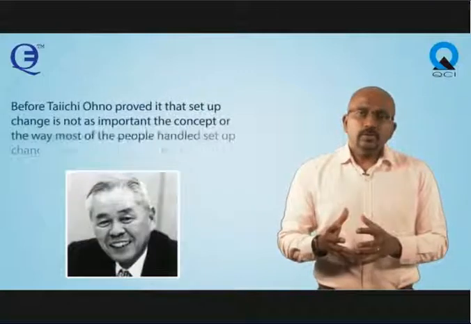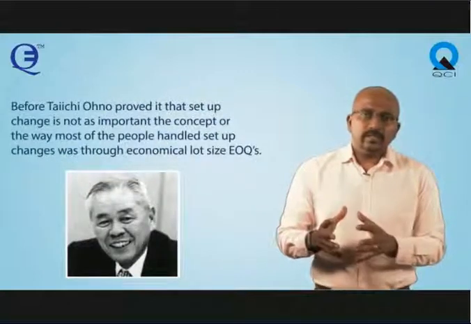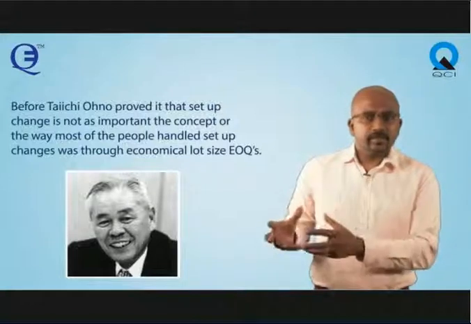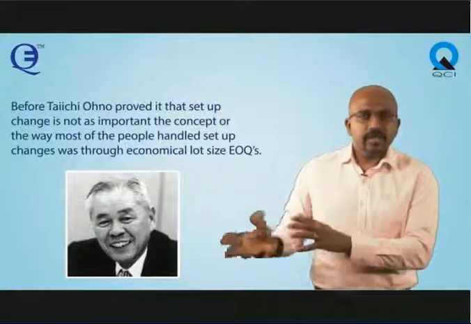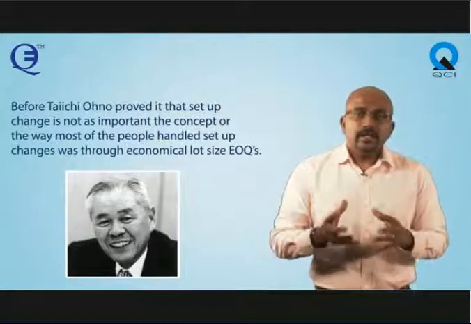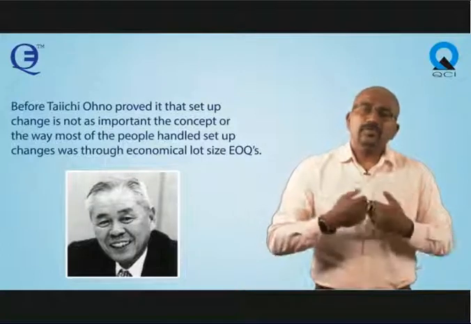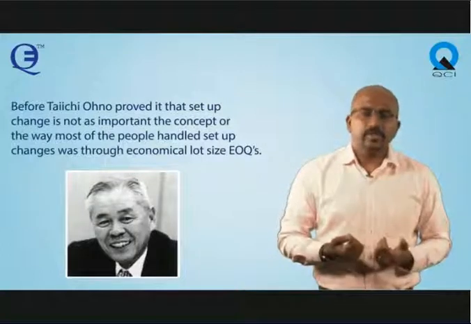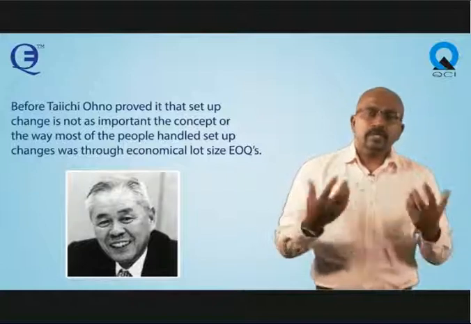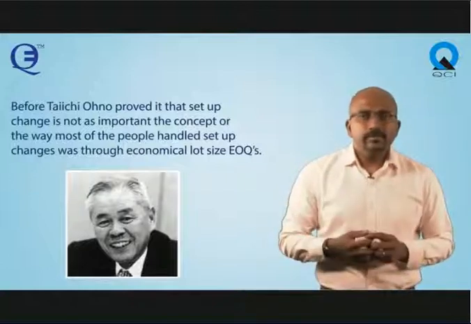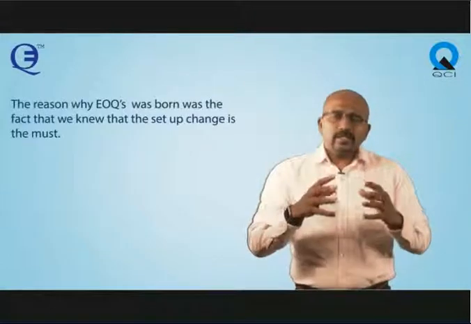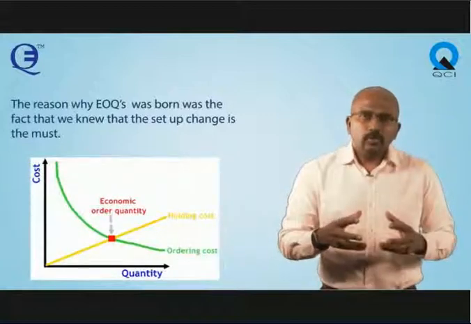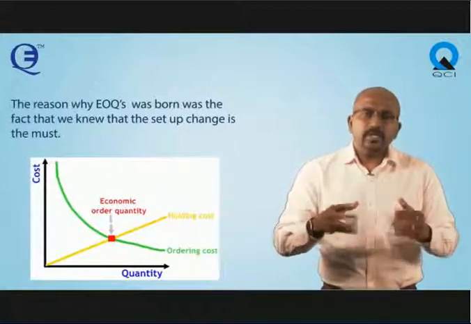Before Taiichi Ohno proved that setup change is not as important, the way most people handled setup changes was through economic lot size, EOQs. The reason why EOQs were born was the fact that we knew that the setup change is a must.